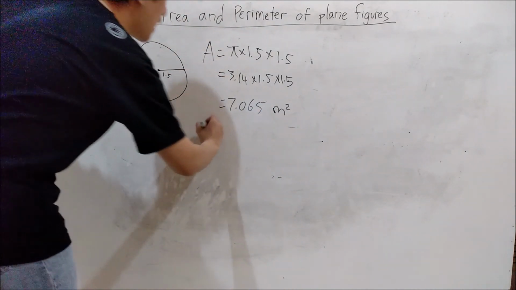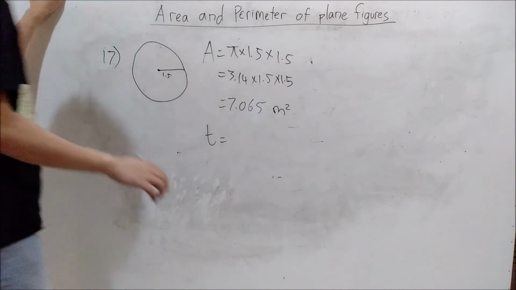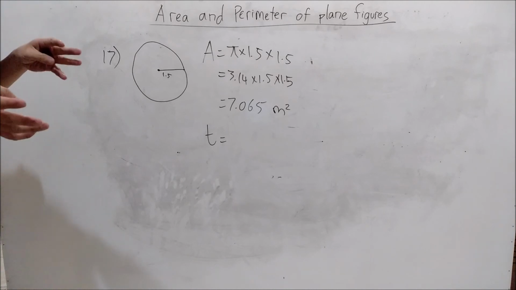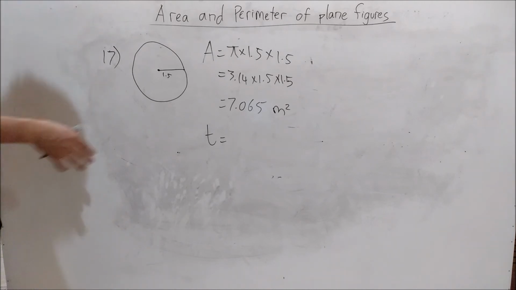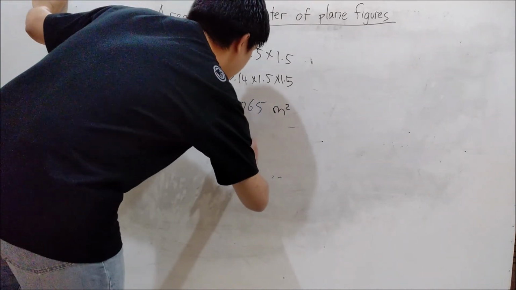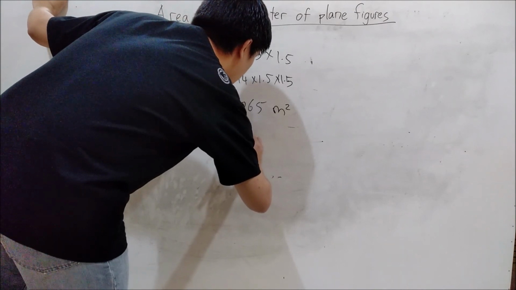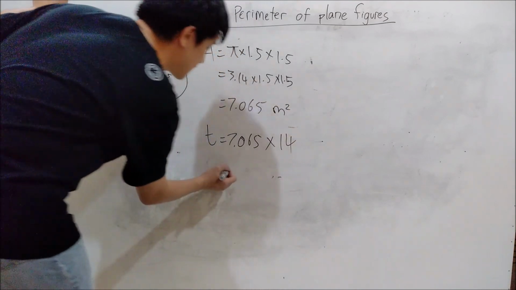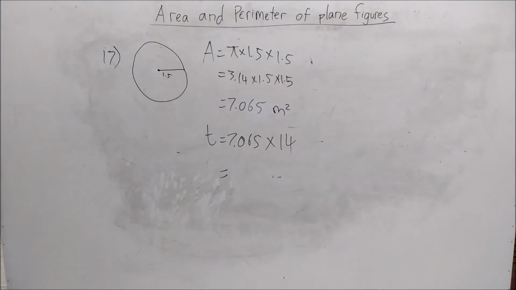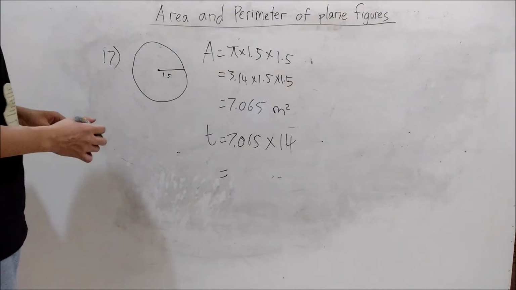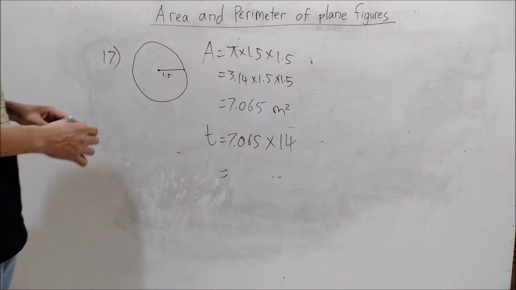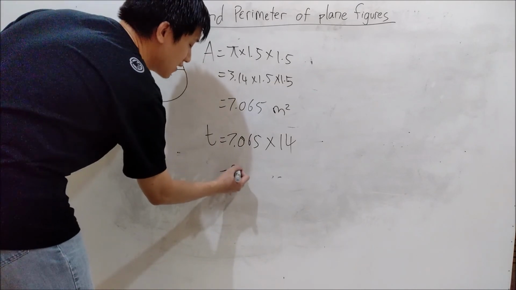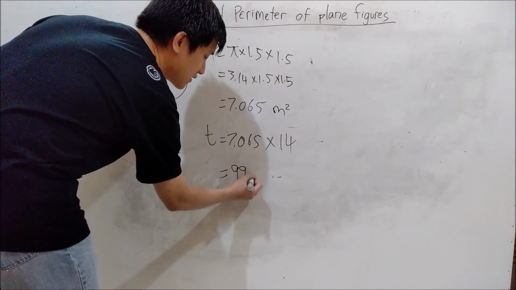So what is the time required for the goat? We recall, if it's 2 meters square, you will times the 2 with 14. So in this case, you will times 7.065 times 14 minutes. Then you will get 98 minutes, but since I had more, what I will do is 99 minutes.